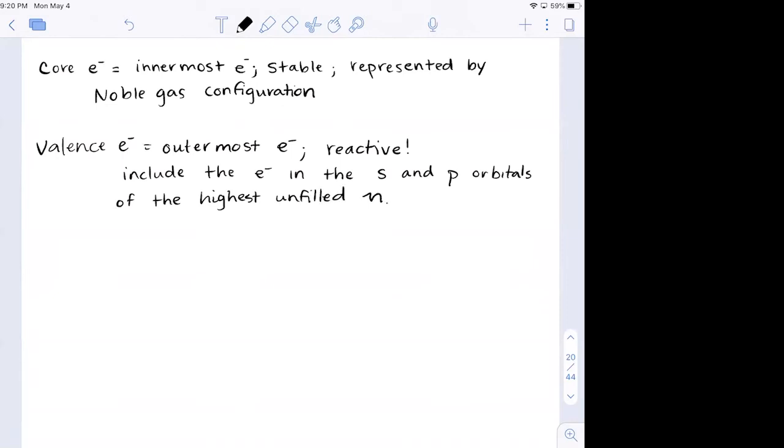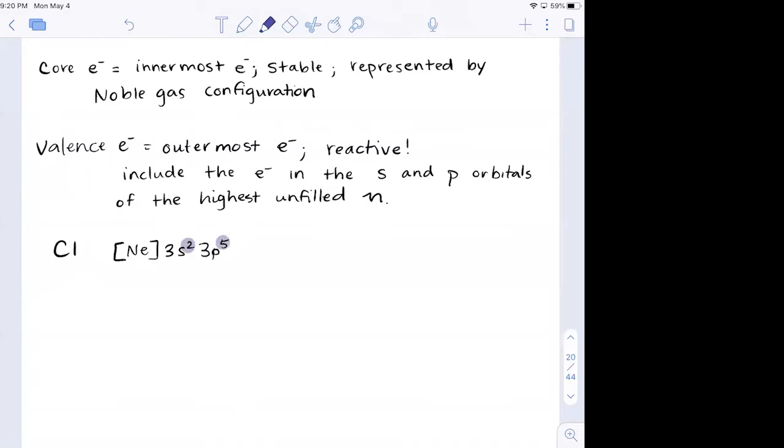So just to bring up another example, we can look at something like chlorine, which has a noble gas shorthand of neon 3s2 3p5.